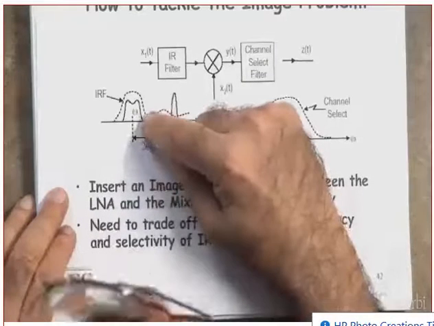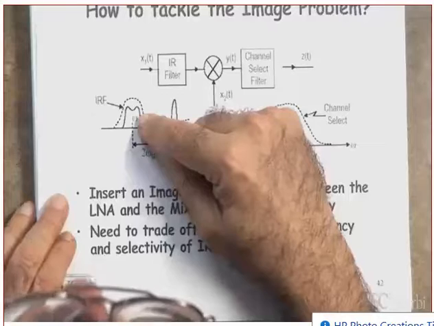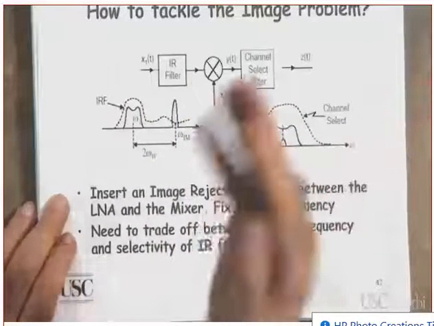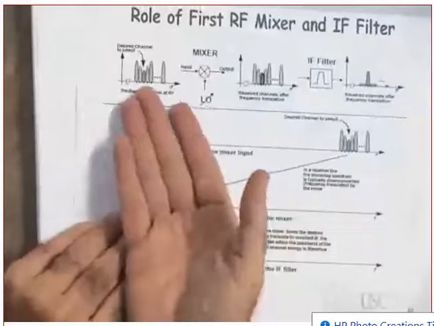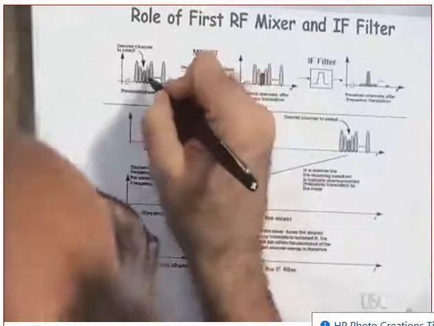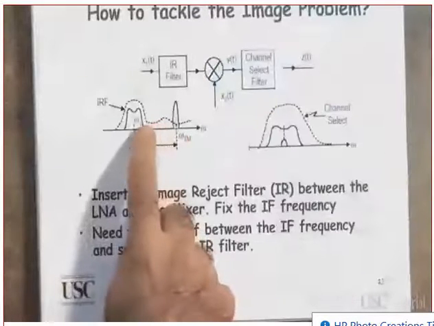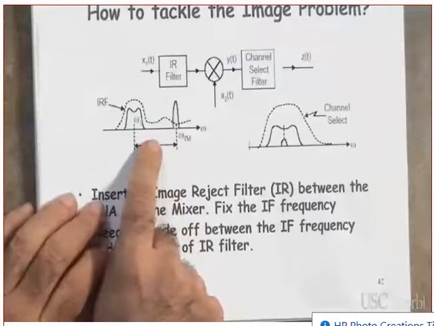It means all of the adjacent channels will go through. I'm not talking about the image. I'm talking about, show it to me here, where are the adjacent channels? This is an adjacent channel. Yes or no? All of them will go through this filter rather easily.